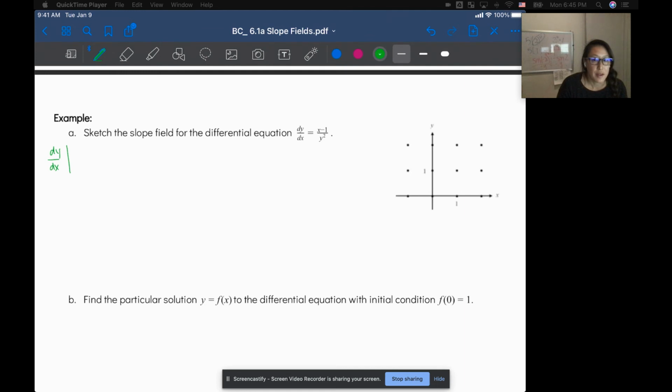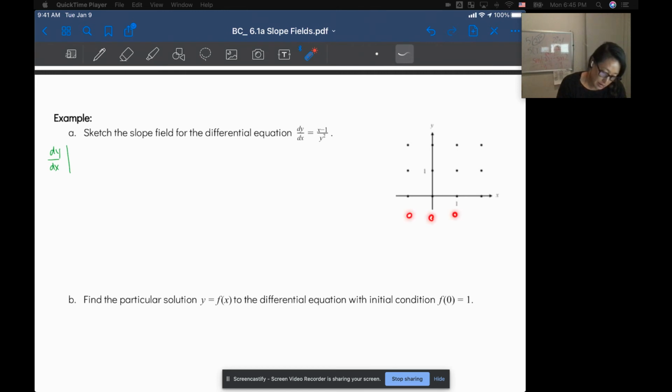This slope field takes a really long time because you have an x and a y in your differential equation, so you actually have to evaluate the slope for every single point that we are going to plot over here, okay? And I need you to plot one more row.